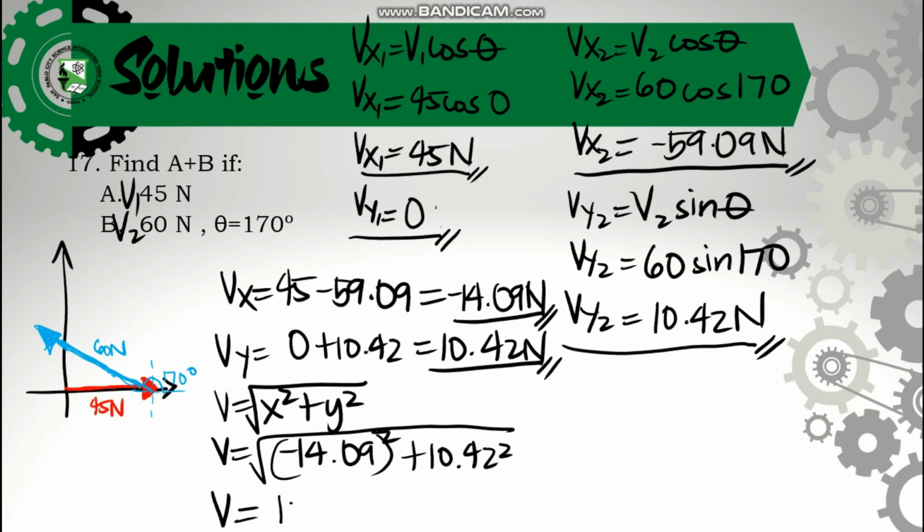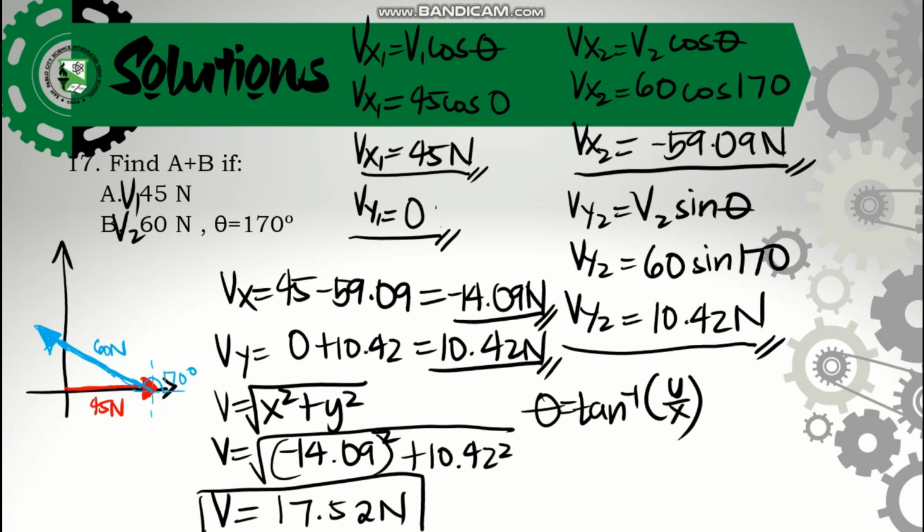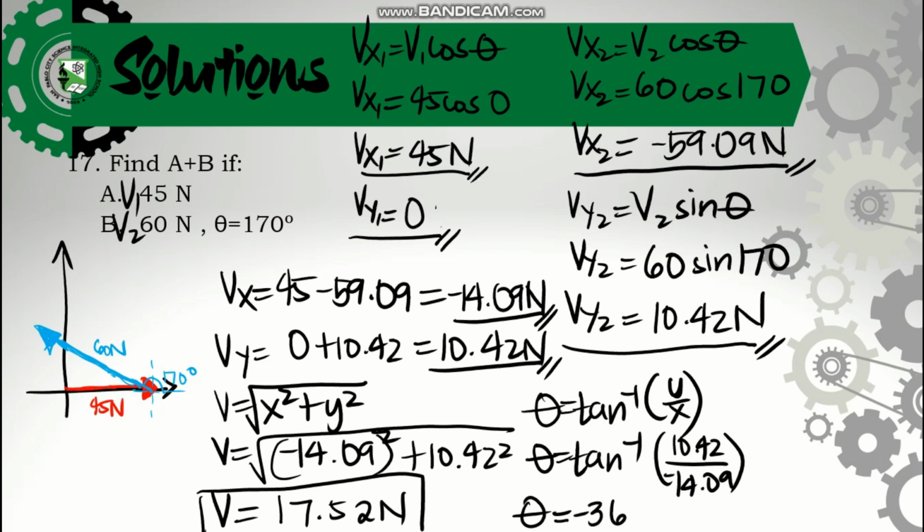Then put it on the Pythagorean theorem, which is negative 14.09 squared plus 10.42 squared, will give us 17.52 Newton. And then for our angle, again, inverse tangent y over x: 10.42 over negative 14.09. And then we can have here the negative 36.48 degrees.